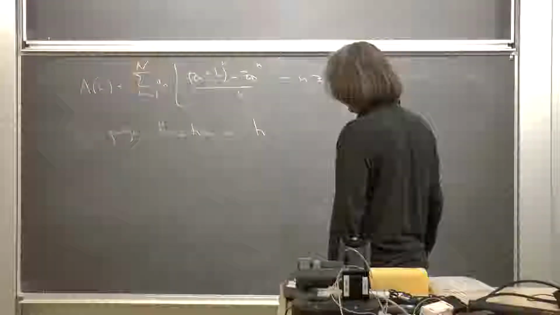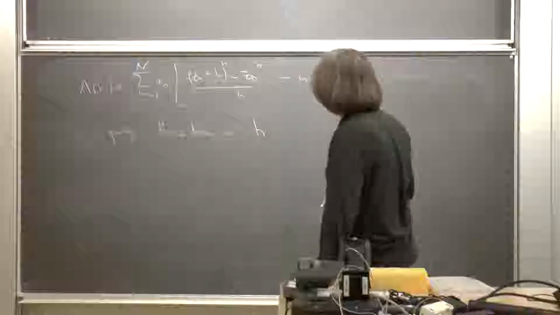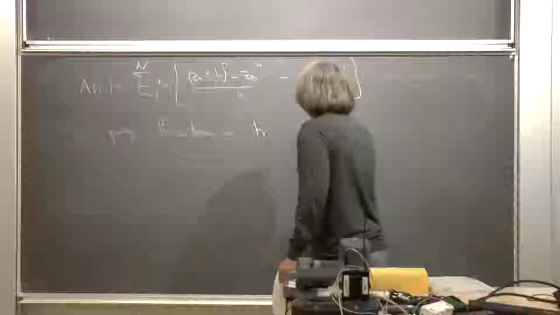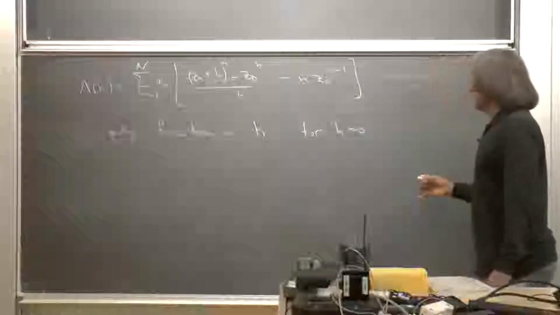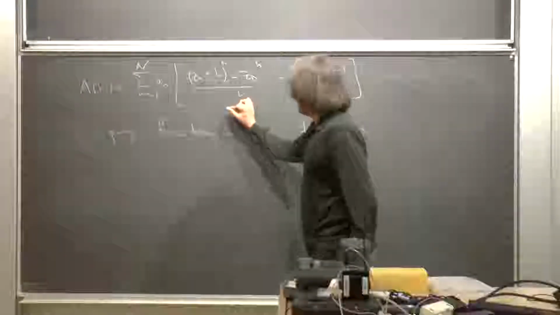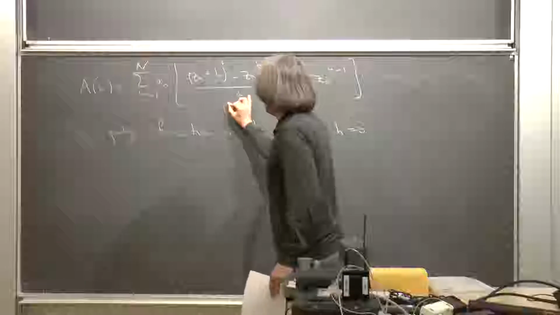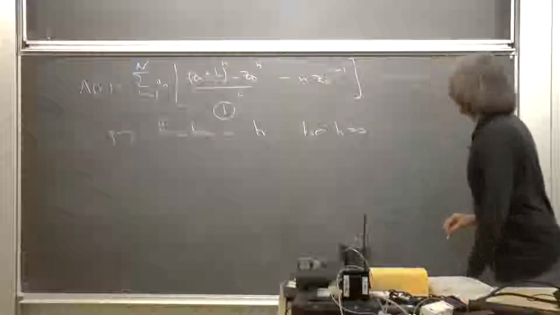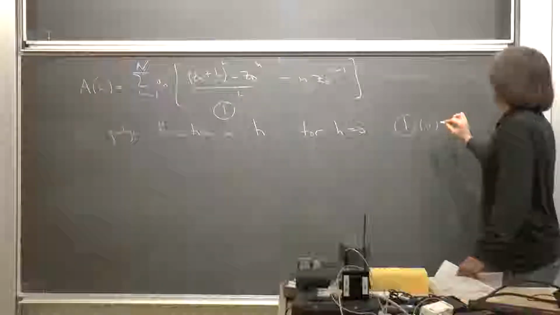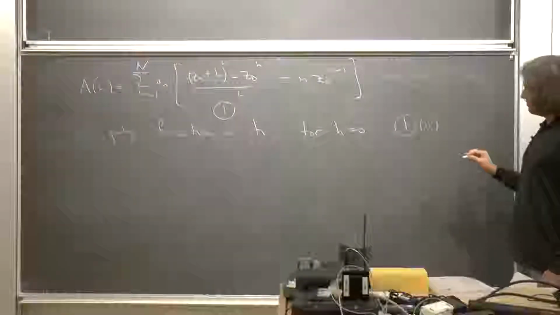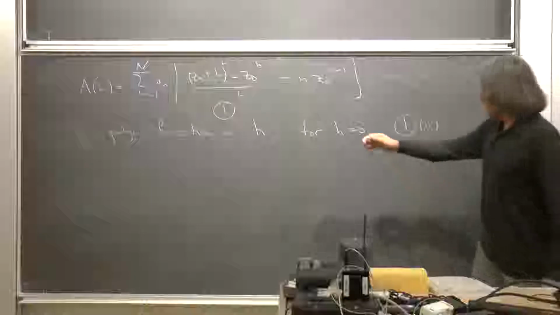And the previous calculation shows that for h equal to 0, let's denote this summand by 1. So 1 estimated at 0. Sorry for this stupid expression, but let's take a look at what happens.